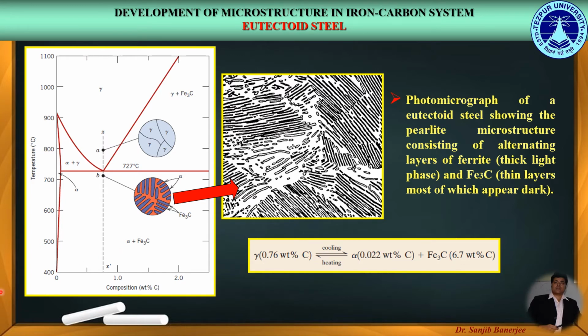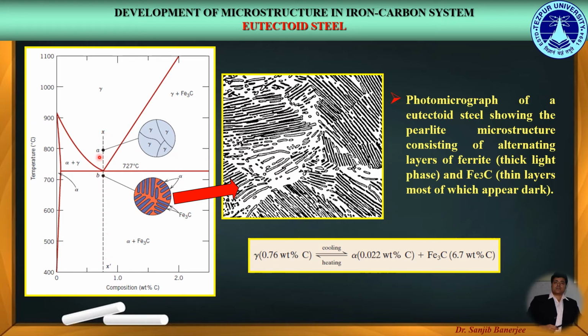Now considering, for example, an alloy of eutectoid composition, that is 0.76 weight percent of carbon, as it is cooled from a temperature within the gamma phase region, say for example at 800 degree centigrade, beginning at this point A as shown in this figure, and moving down the vertical line x dash, which represents the particular alloy composition.